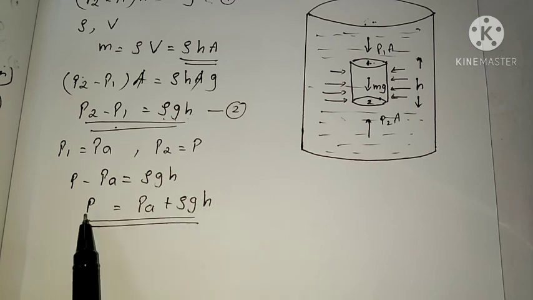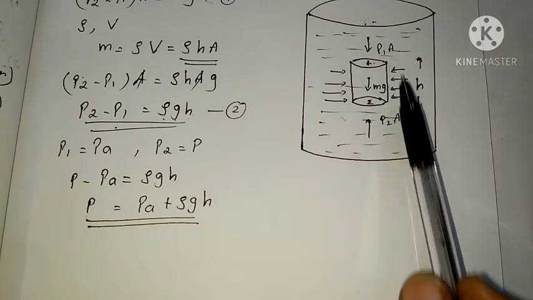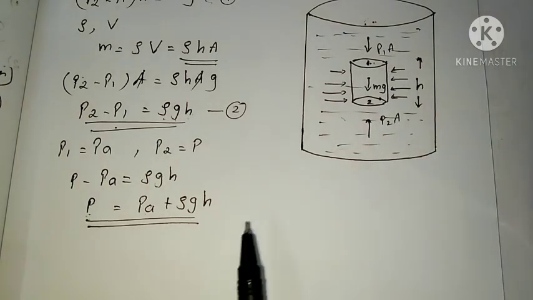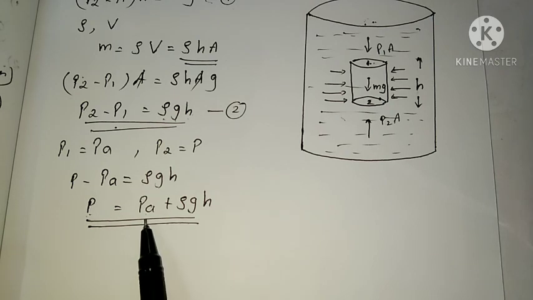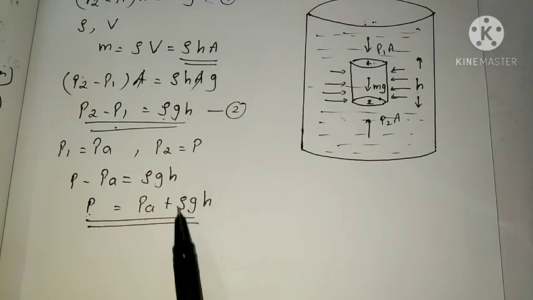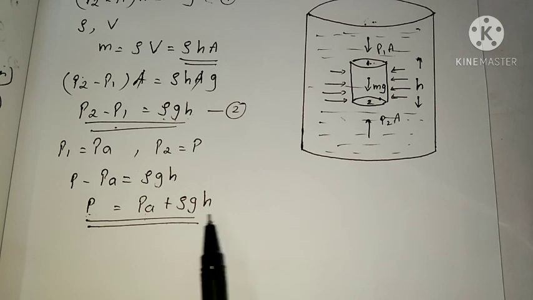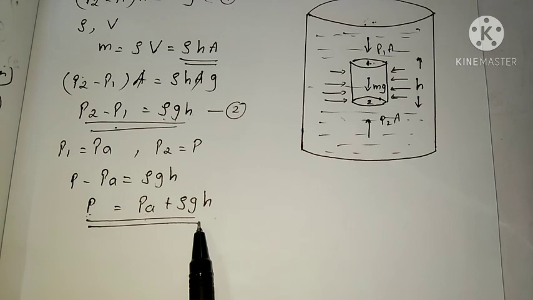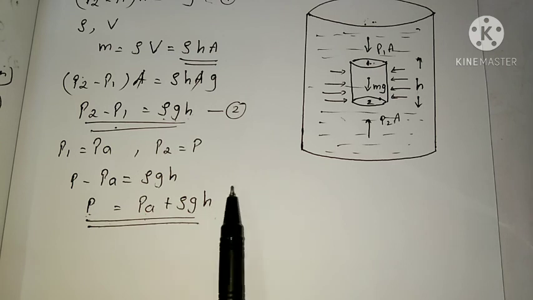Once again, the pressure P at a depth below the surface of the liquid open to the atmosphere is greater than the atmospheric pressure by an amount rho GH. Clear? So this is the equation to find out the pressure at a depth.